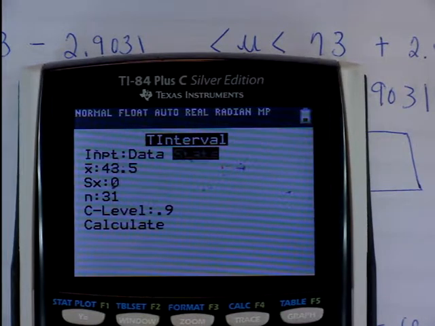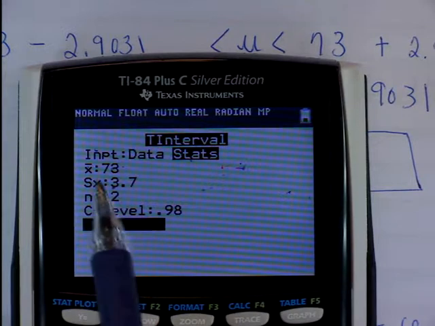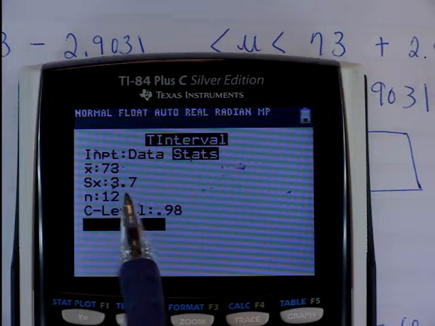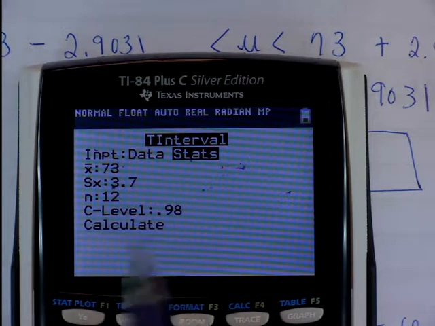This was a raw data problem, but I'm going to treat it as a statistical problem, and I'm going to put in my mean of 73, my sample standard deviation of 3.7, the sample size of 12, the C level of 98%, and calculate. Even though it was a raw data problem, I'm going to put in the sample mean that I found by hand, the sample standard deviation I found by hand, I rounded to the nearest tenth, the sample size, the confidence level, and calculate.